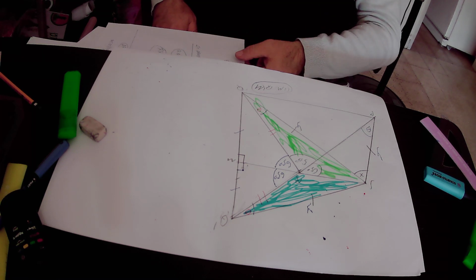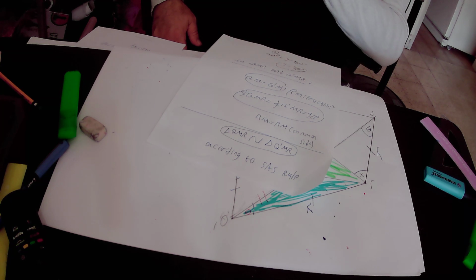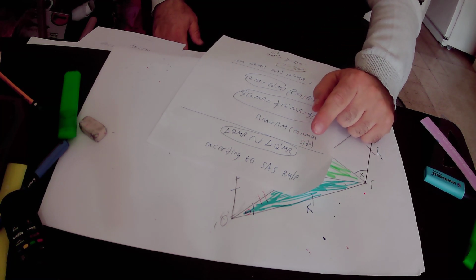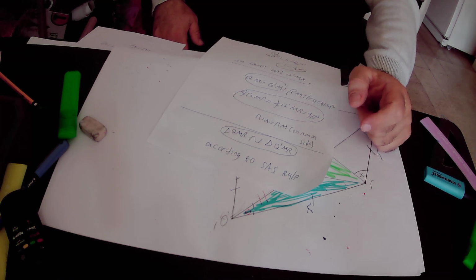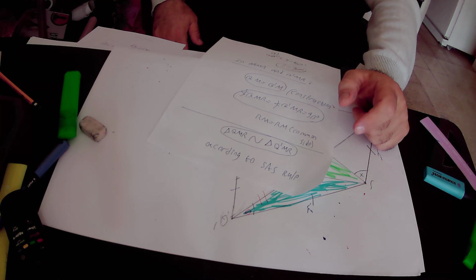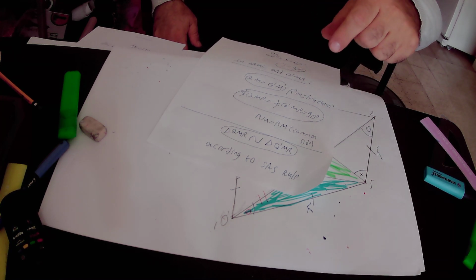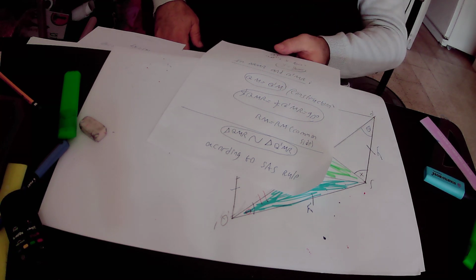So we proved that triangle QMR can go into triangle Q dash MR according to the side angle side rule. If you prove that two sides and the angle between them of one triangle are correspondingly equal to two sides and the angle between them in the other triangle, you have proved that those two triangles can go into each other according to the side angle side rule, okay?